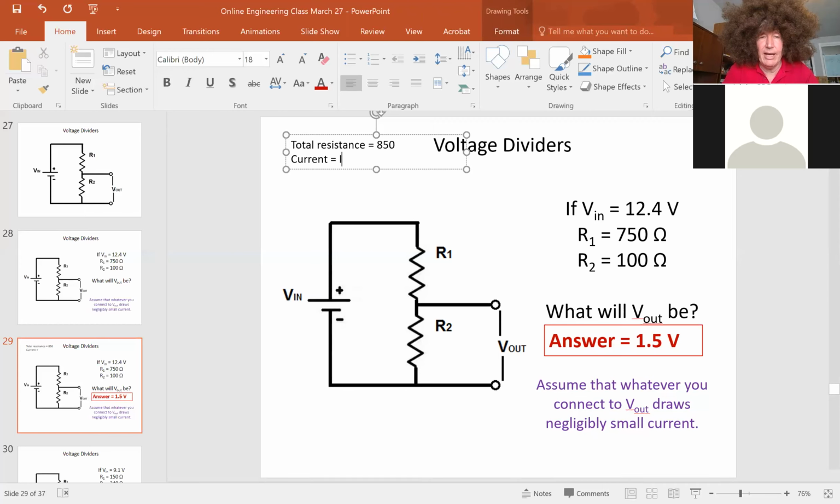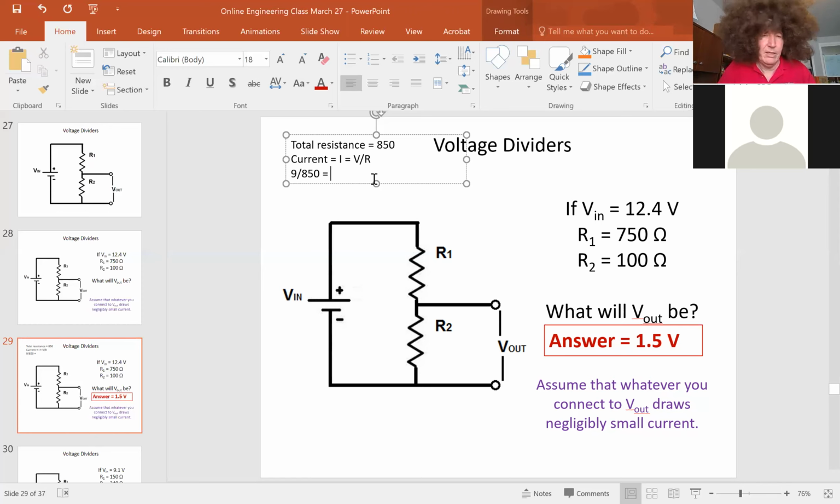The current is I, which is given by V divided by R. Okay, so 850. Oh, so the voltage is 9. So 9 divided by 850 equals, okay, so 9 divided by 850.